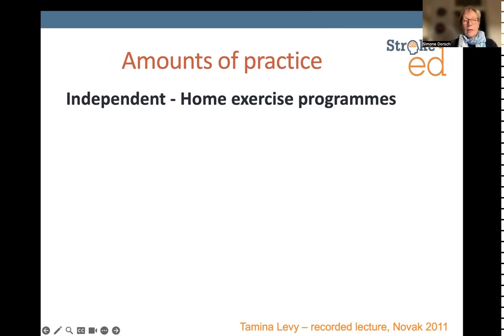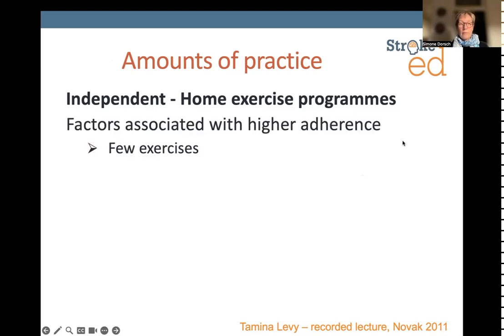Okay, and now thinking about amounts of practice and having effective home exercise programs. I'm going to outline some of the strategies that you can put in place that are really evidence-based for increasing adherence to independent practice, like home exercise programs.